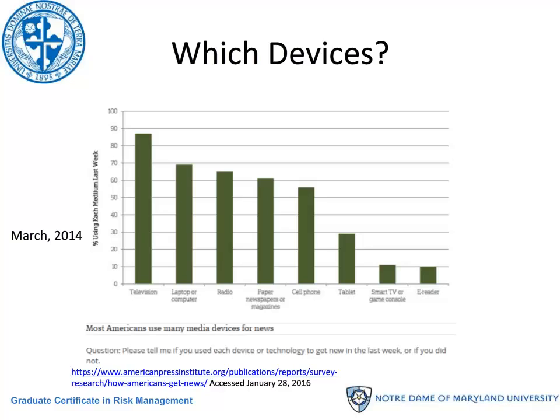The cell phone is the fifth most common. Notice that tablets, smart TVs, or game consoles, and e-readers are also means of obtaining it. Different audiences will rely on different devices to obtain their information, and so that's one reason why you need to know your audience to know how they obtain their information.